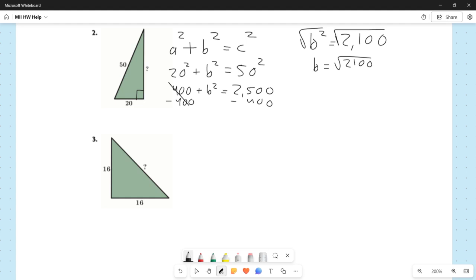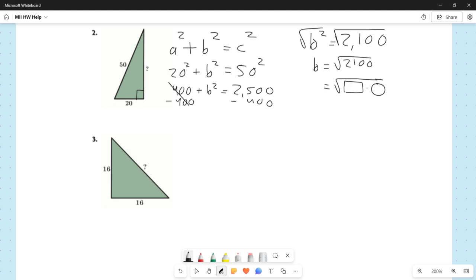Now, I want to try to simplify this square root. The way that we simplify square roots is we take our number, which in this case is 2,100, and try to break it up into the product of two numbers. I want to multiply two numbers to get 2,100. Specifically, I want my first number to be the largest square number that goes in evenly into 2,100.